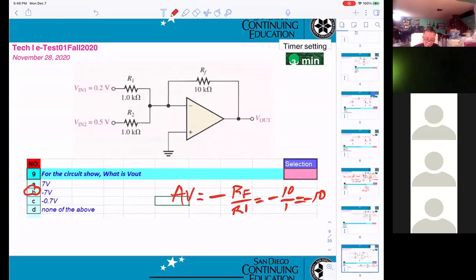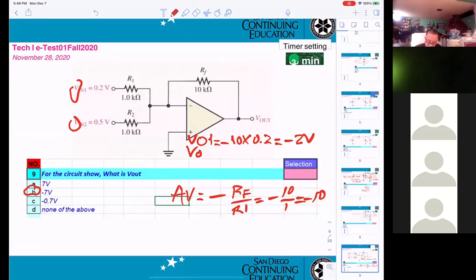Okay? So you have to calculate the output for input 1, then calculate the output for input 2, then add them up. VL1 equals minus 10, that is the gain, times 0.2, so minus 2.